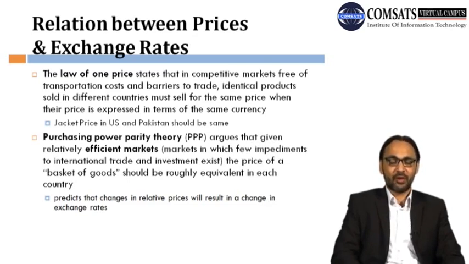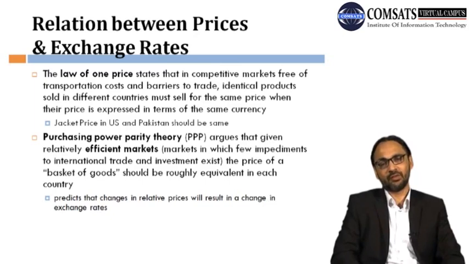According to purchasing power parity, the price of a basket of goods should be roughly equivalent in each country. A basket of goods means the basket which contains the basic products necessary for living. The cost of these products should be the same across the countries.